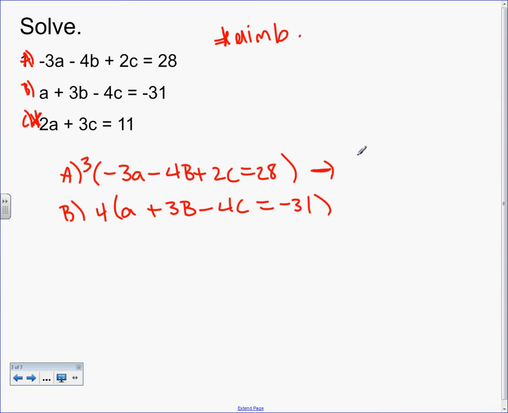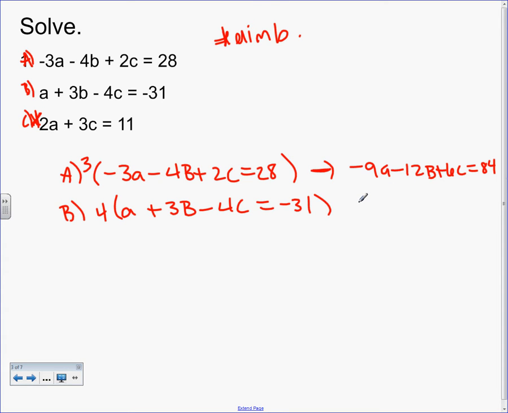So I write what I have. I'm going to get negative 9A minus 12B plus 6C, I'm running out of room, equals what? That's 60 and 24, what did I say? 84, is that right? Yeah. Good? Help me with the second one.